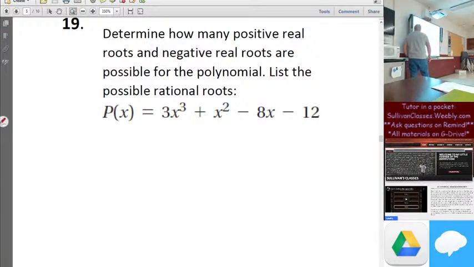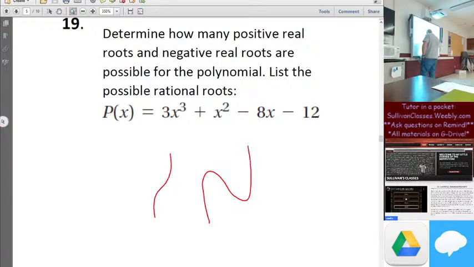If I've got a cubic, how many possible real roots are there? 3, right? The cubic could look like this, or it could look like this, or any combination thereof.